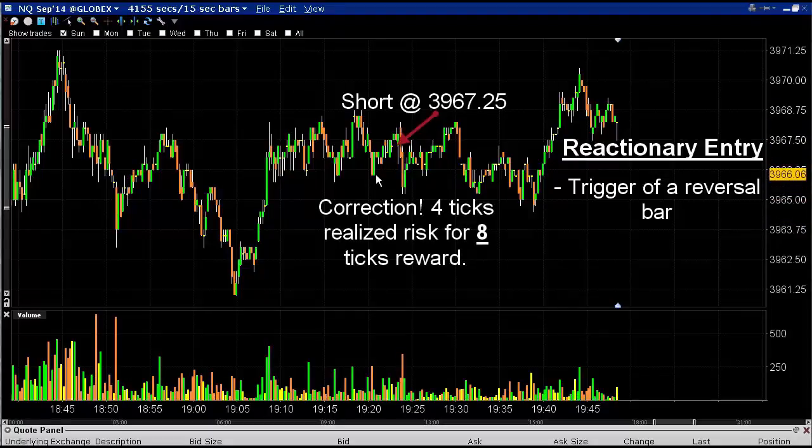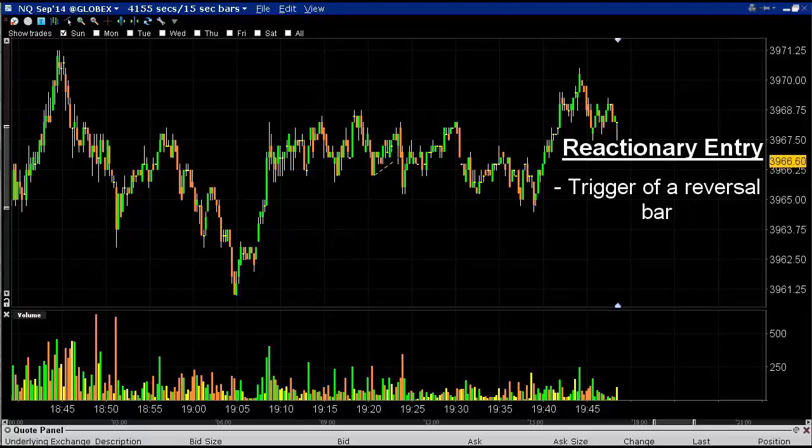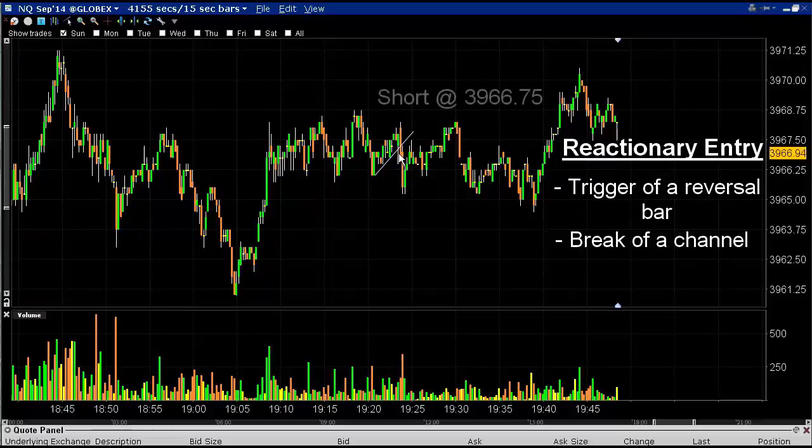And a third possible way, or a second reactionary entry, would be a channel break, and this is the lowest risk to reward of the bunch. That is, you get relatively less reward for your risk, because you would have got in way down here at 66.75 on the break of the channel, and it goes 1.5 points against you before then going to 65.25.